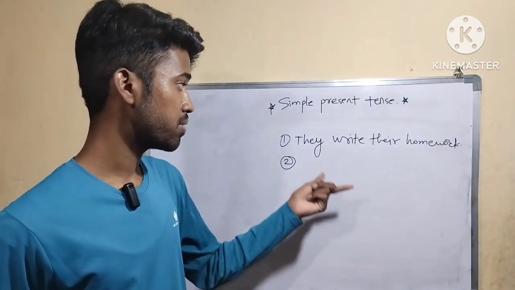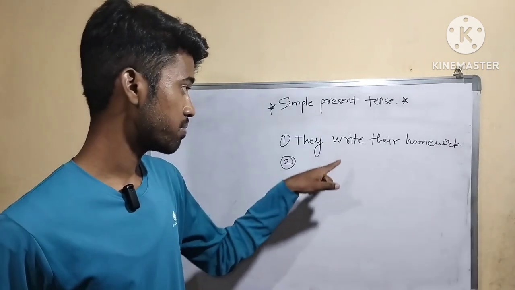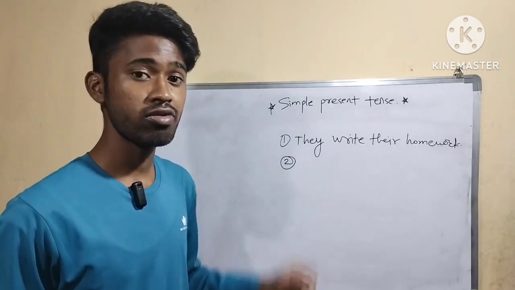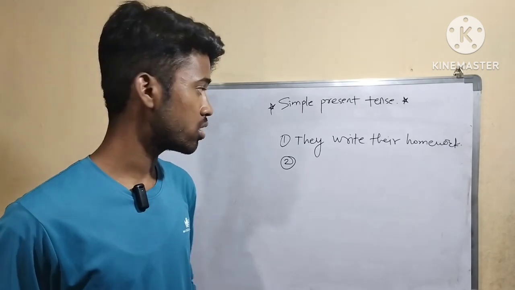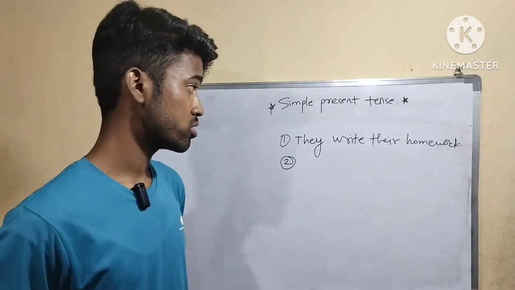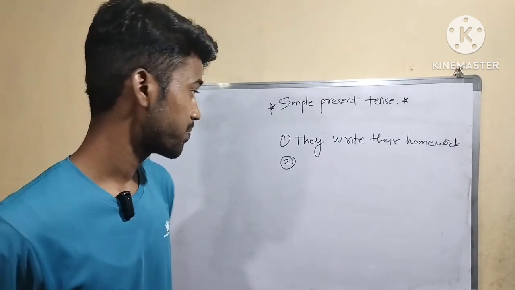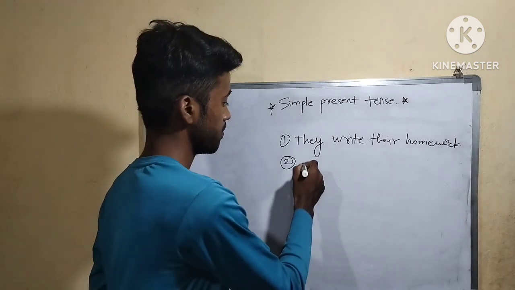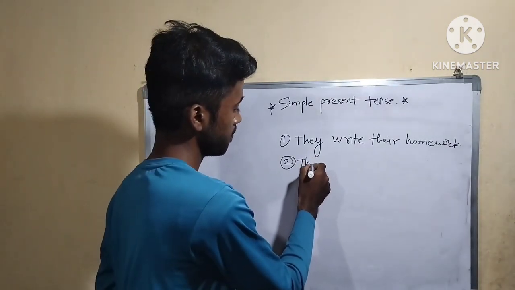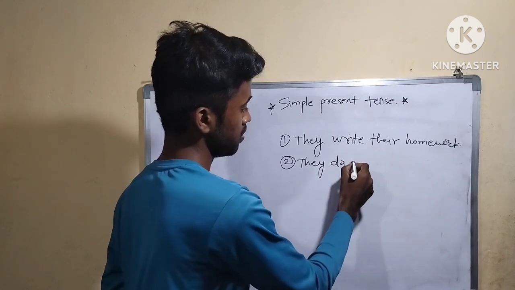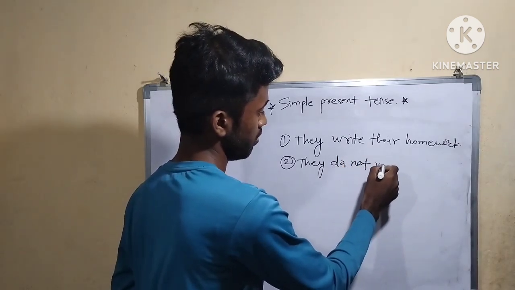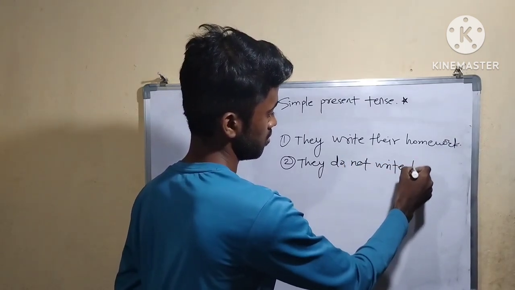In the first example, it was does, because the subject was third person singular. Here the subject is not third person singular, so we should use do instead of does. So see here, what is the negative? They do not write their homework.